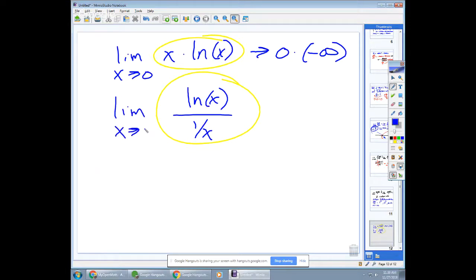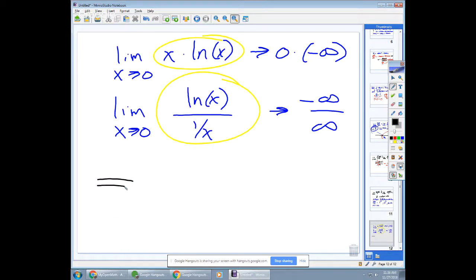As x goes to 0, on the top I get negative infinity, and on the bottom I get infinity. L'Hopital's rule applies to either 0 over 0 or infinity over infinity, so we're going to apply L'Hopital's rule to this.